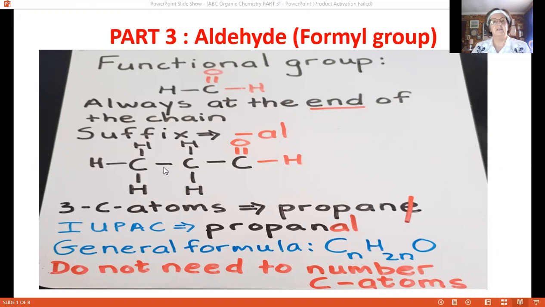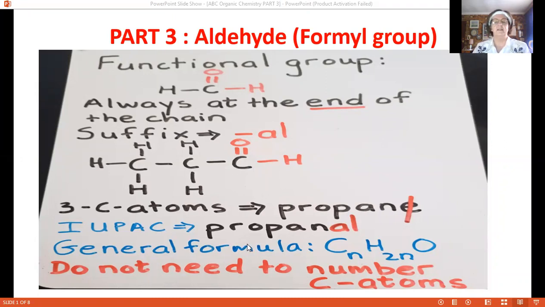If you look at this example here, where we have 3 carbons, it is prop, and because of the single bonds, it's an -ane. The E is replaced, so it's propanal. That is the IUPAC name of the 3-carbon aldehyde.